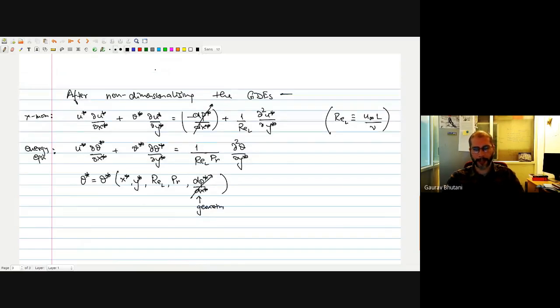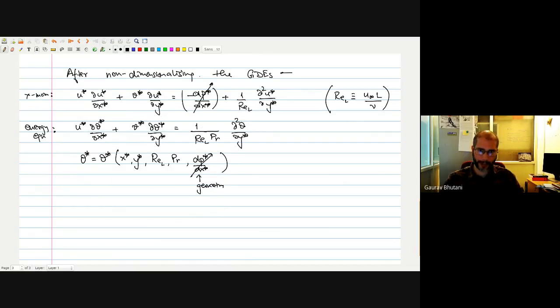Okay, so the Buckingham-Pi theorem works here. So we've got rid of 3 dimensions here. So we have x star, y star, Reynolds number, and Prandtl number. We'll come back to this functional dependence in a while.